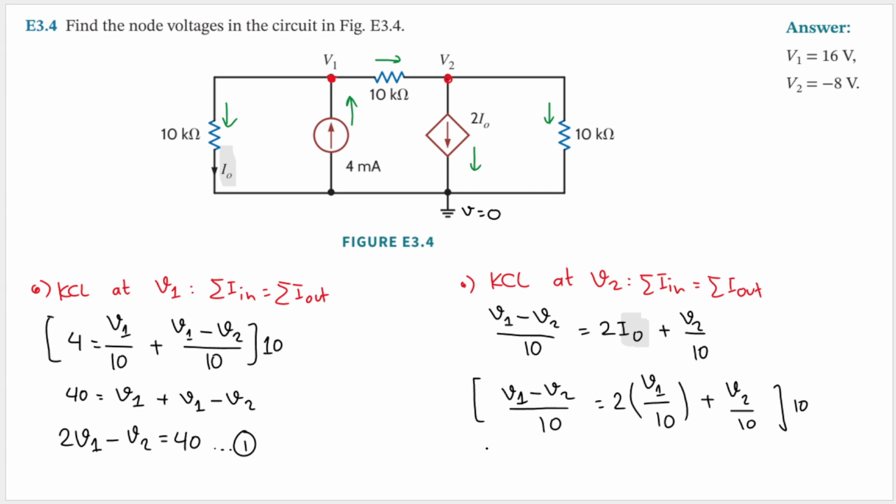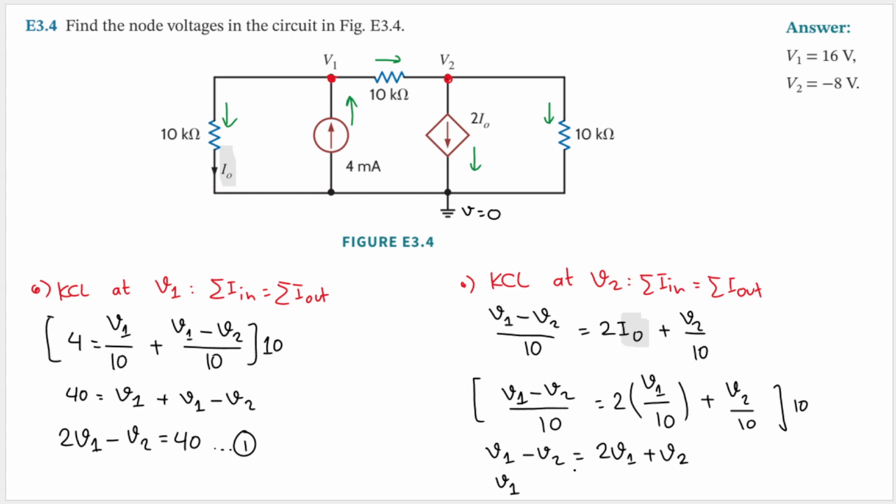So we will have V1 minus V2, and that will equal, the 10 will cancel out, so we'll have 2V1, and again the 10 will cancel out, so we'll have plus V2. Good. Now let's do some simplification. 2V1 minus V1 becomes V1.